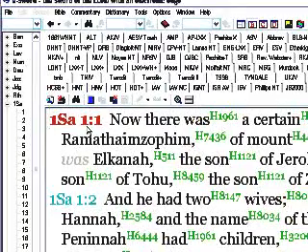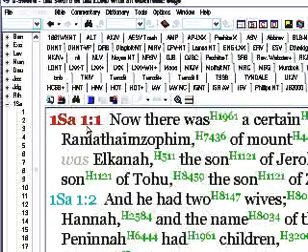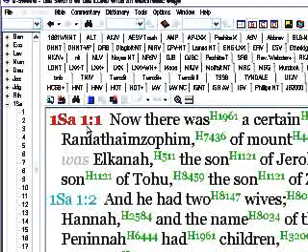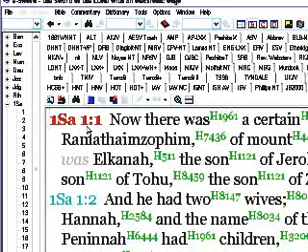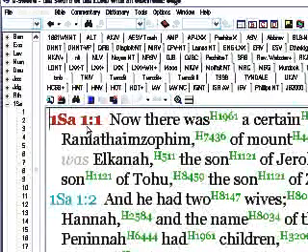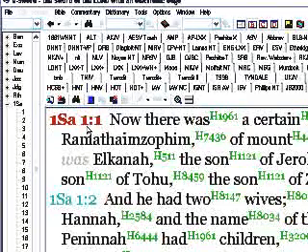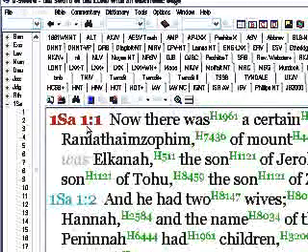the Syriac Peshitta, which is also Aramaic, and the Latin Vulgate, Jerome's translation, and the Dead Sea Scroll, 4Q Samuel A and B, and also the Josephus Antiquities.